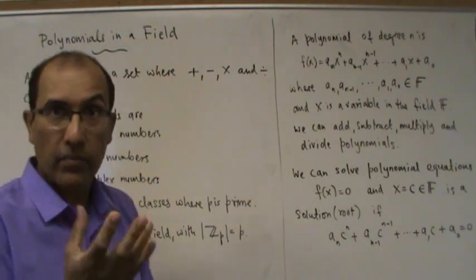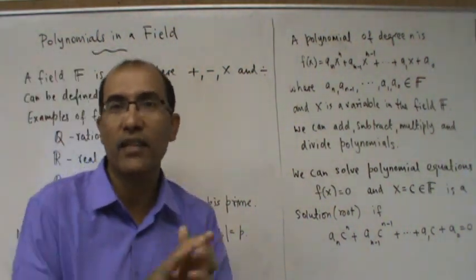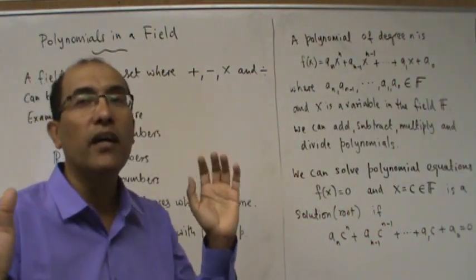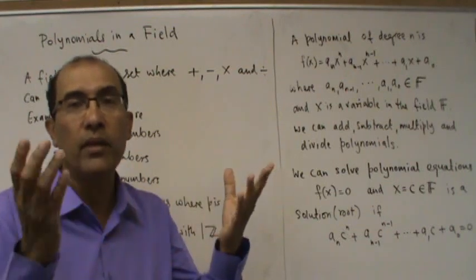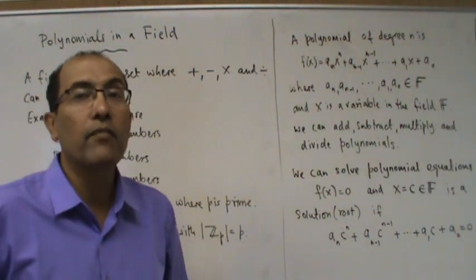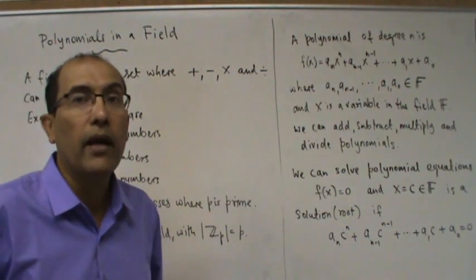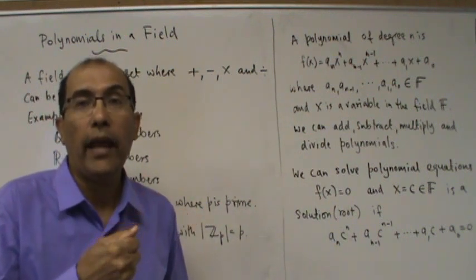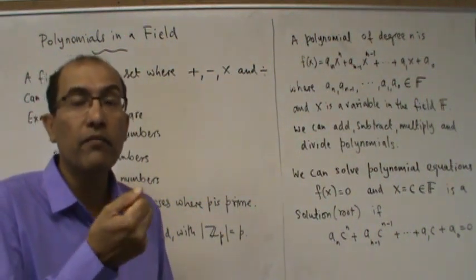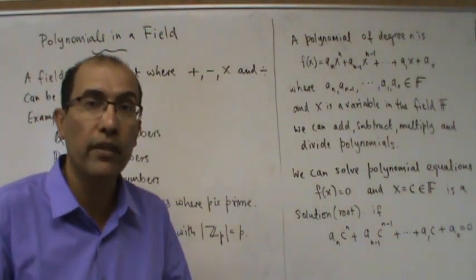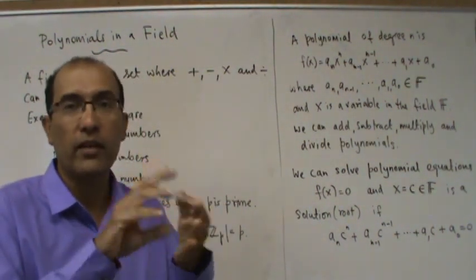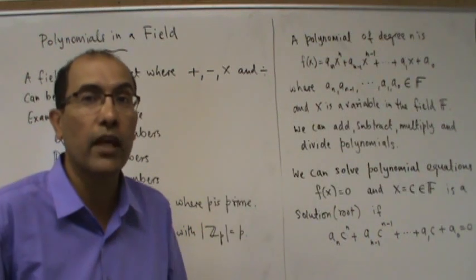So what do we do with polynomials? Of course, the same thing that we have been doing throughout. If you have polynomials, we'll add them, subtract them, multiply them, divide them. That's what we have done throughout this course. We define something, and once we have it defined, we can then see the operations we can do on it.